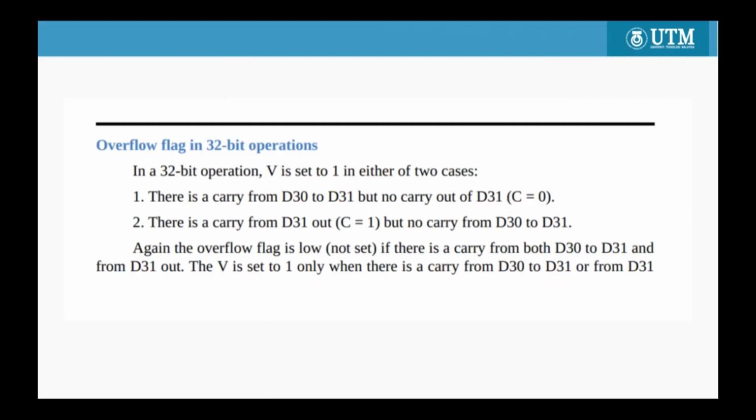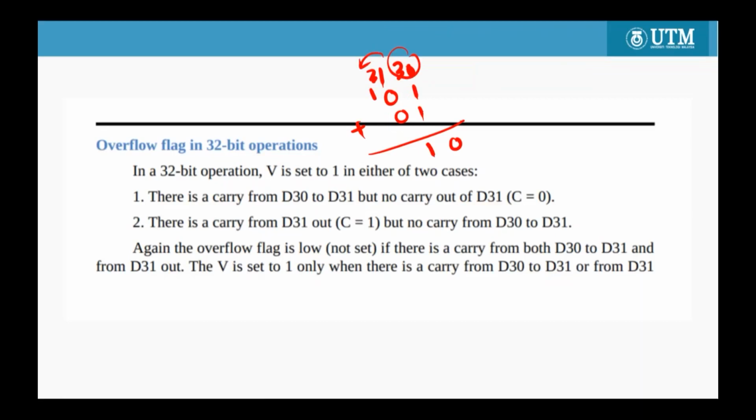For example, this is bit 30 and this is bit 31. If you add these numbers here, we add this bit: 1 plus 1, you get 0, and you have a carry from bit 30 to bit 31, and produce 1.